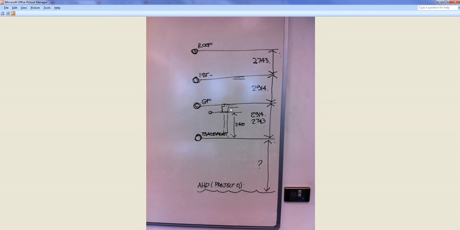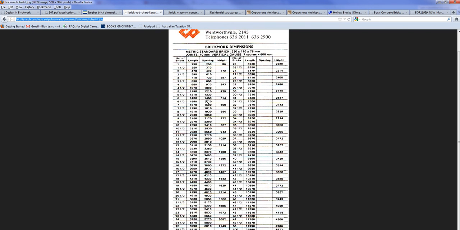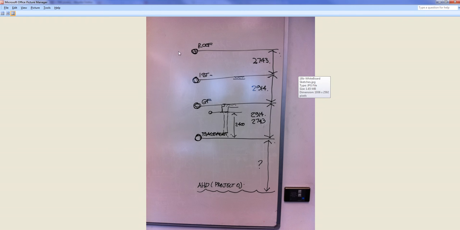And then this distance here from the top of the concrete block to the underside of where the ground floor story would be is 514, which is also very convenient, 6 courses of brickwork. And we discussed this briefly in a previous tutorial as well. So if you can imagine then, with the assistance of this screenshot of the whiteboard, that we are going to next try to achieve this story setup in ArchiCAD.